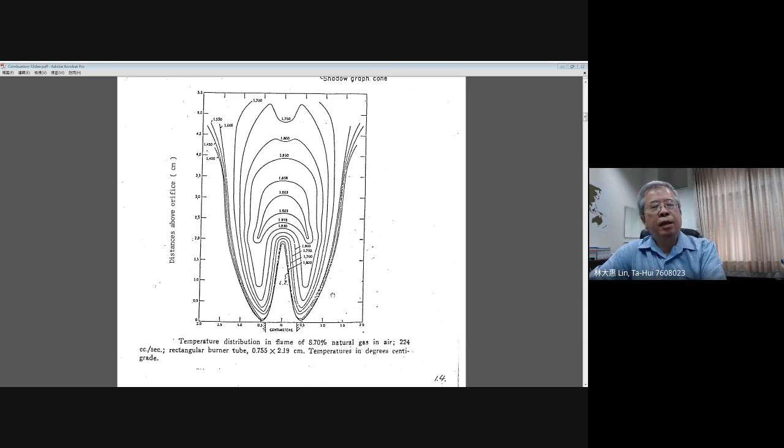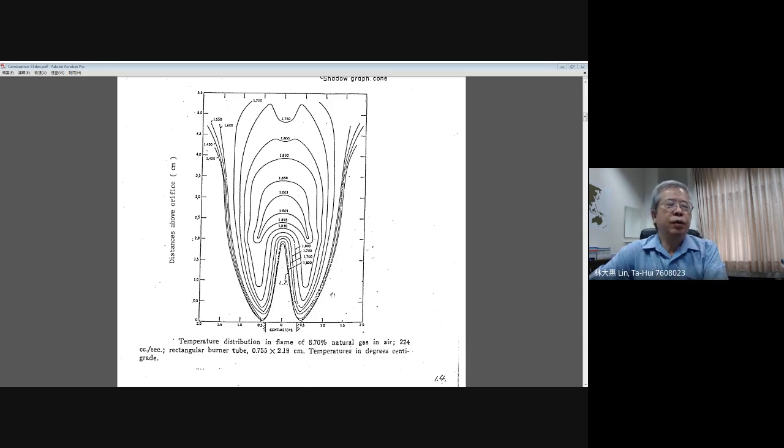In ancient years, people used the wick or the candle to light it, which means that when they say luminosity, they see the yellow color. Okay, it's better to give another name. Basically, we use the so-called visible zone instead of the luminous zone.